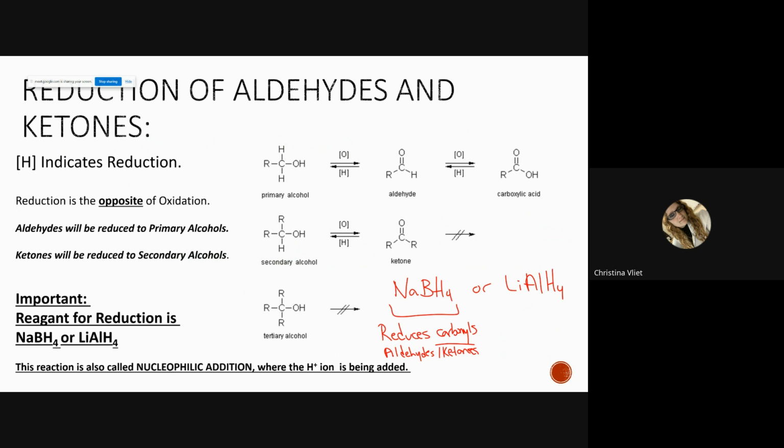It is stronger, but it will also reduce carboxylic acids, and that's what you have to be careful with. So this reduces carbonyls and carboxylic acids. Everything that can get reduced does get reduced, except for alkenes. Alkenes cannot be reduced by either of these. Alkenes, you need H2 and nickel to reduce them.